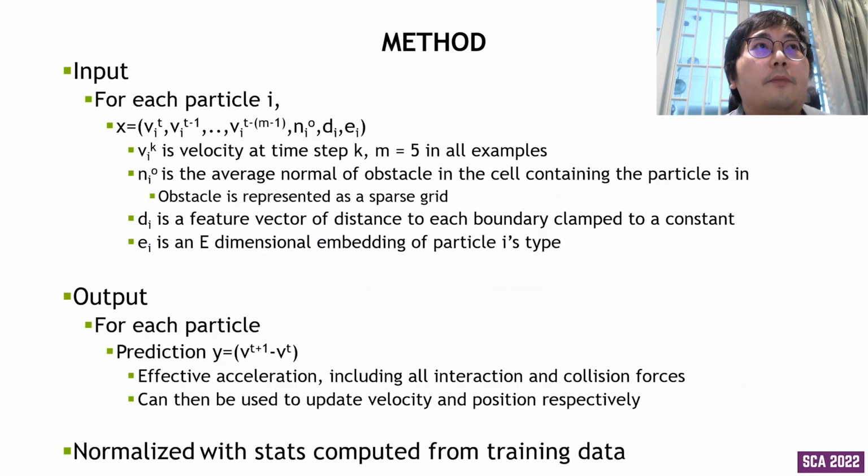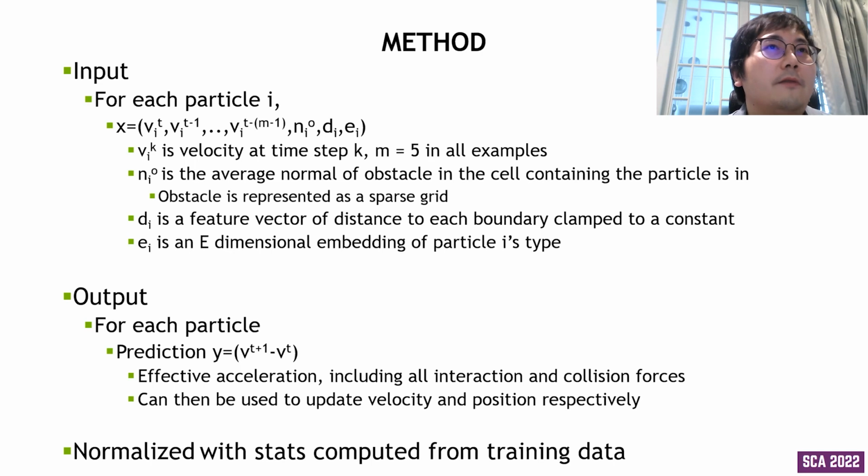The input to our network is, for each particle, a number of features, including the velocity of the particle at the previous 5 time steps, and the normal of the obstacle in the cell containing the particle, if there is one.